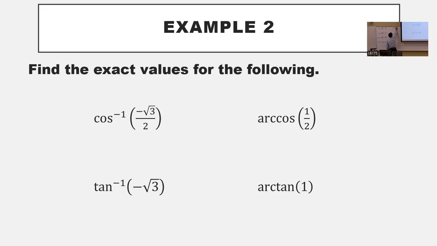So let's take inverse cosine of negative root 3 over 2 and arc cosine of 1/2, and then do an inverse tangent of the square root of 3, and then we'll do an arc tangent of 1.